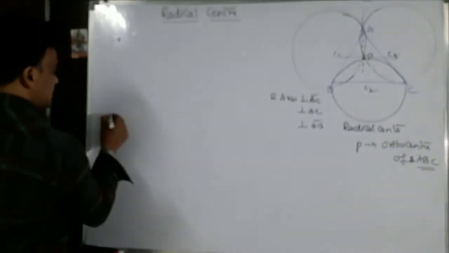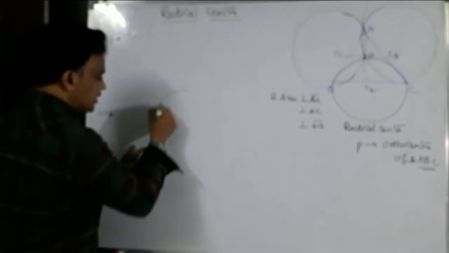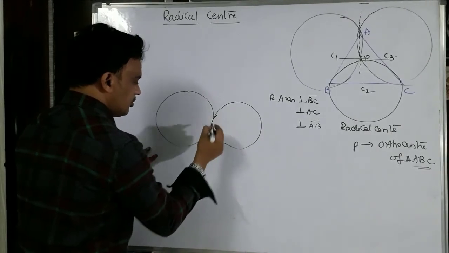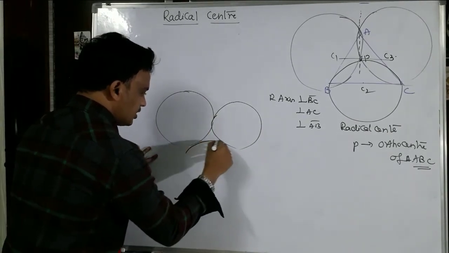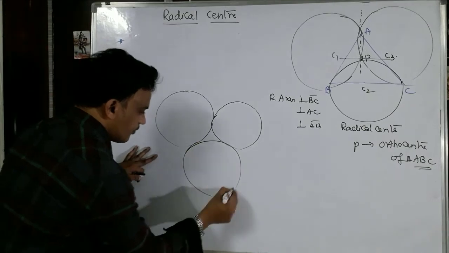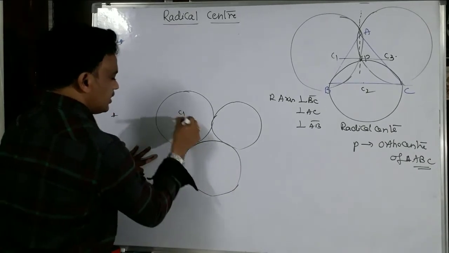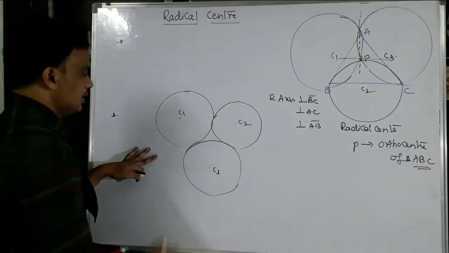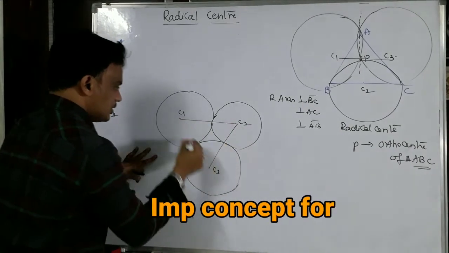And one more thing is the second point. If the three circles touch each other, how will it be? Take the center of the first circle, second circle and third circle, C1, C2, C3.